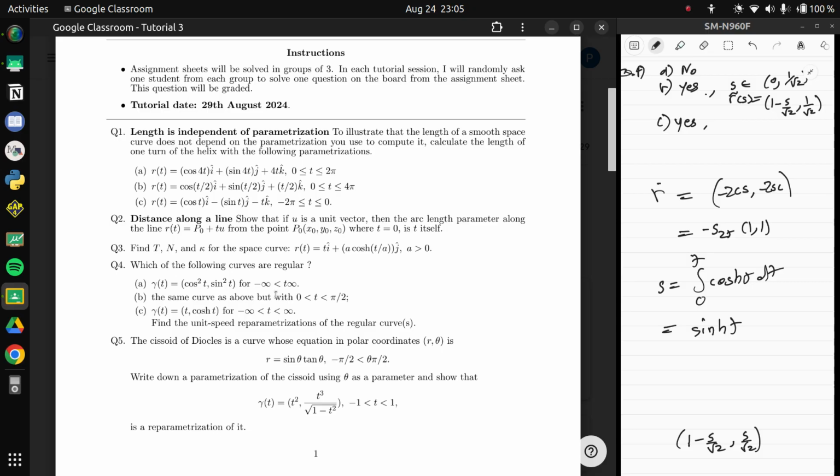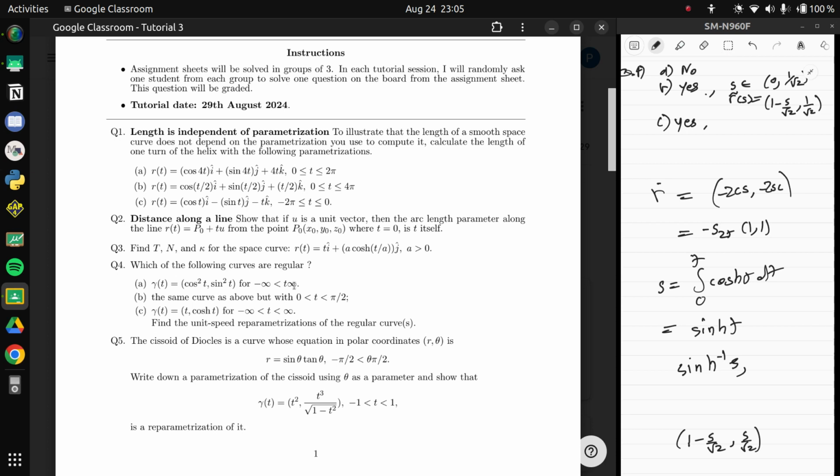So what is t? It's sinh inverse of s. Oh damn, this is just really bad. I don't know what I'm doing. Cosh of t, huh?